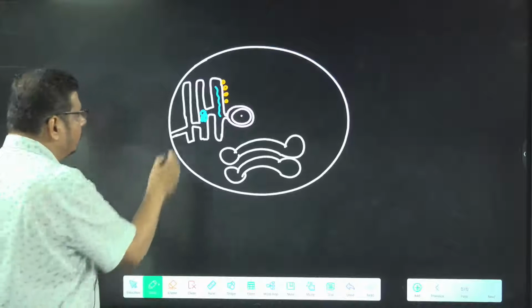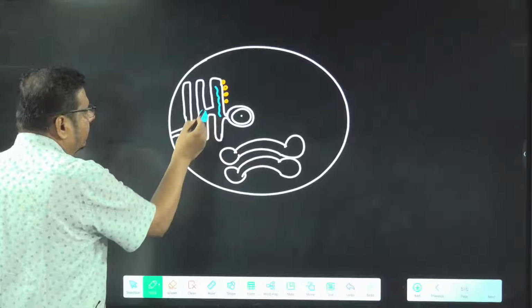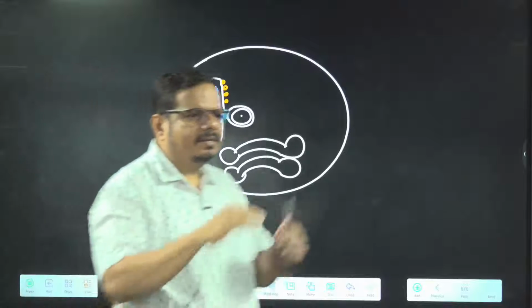After entering the lumen of the endoplasmic reticulum, these proteins undergo structural packaging. Protein undergoes folding, and primary structure is converted into secondary or tertiary structure. So folding of protein occurs inside the ER. You got the idea?